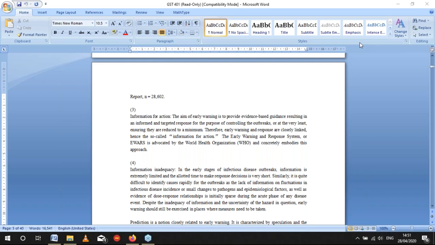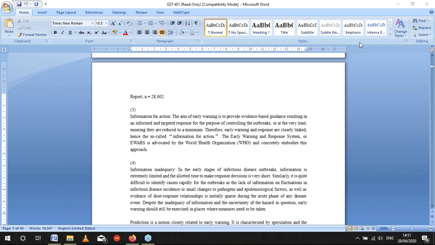Only few will quickly capture such information when it comes out. That is why in every outbreak, in every epidemic, the information is always inadequate, because it may not really go out to everybody at the same time.